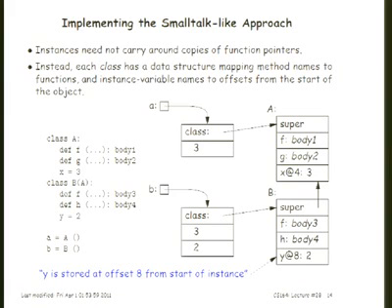A1 will contain just one instance variable. It won't have the z instance variable. So how am I going to make sense of this? Yeah.